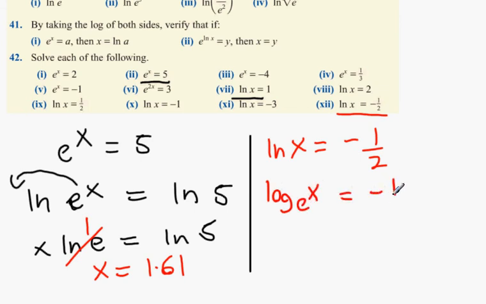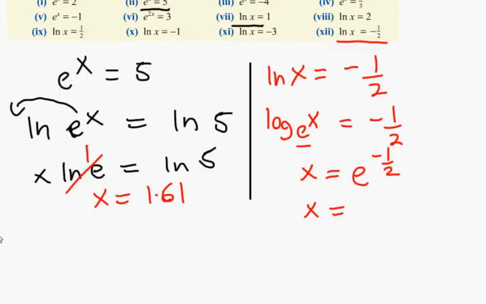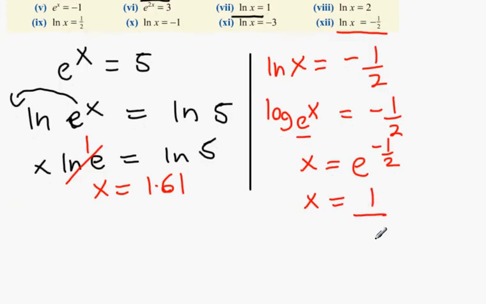Is everybody in agreement with that? Now, this letter is the base number, so it's going to be e to the power of minus a half. And what is e to the minus a half using your rules of indices? 1 over e to the half, because it's a minus power. And then finally x equals 1 over root e. Alright guys.